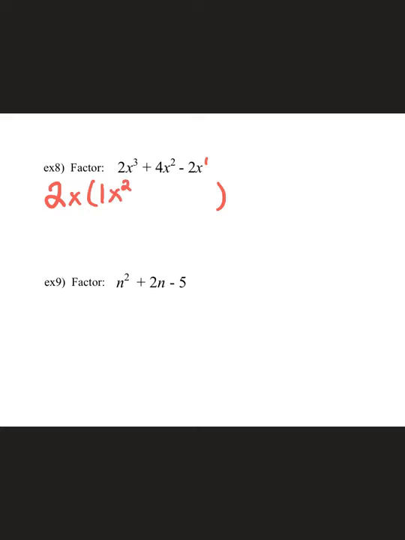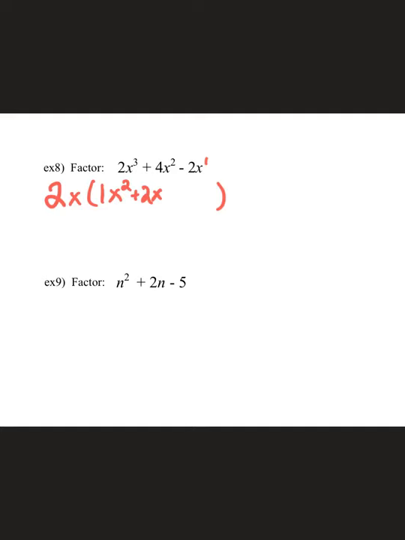Then in the middle, I had 4x squared and I pulled out the 2x. So 4 divided by 2 is 2. I had 2 x's and I took 1 away. That leaves me with just 1x there. So 1x squared plus 2x. And my last term, 2x to the first, I factored that entire thing out. That doesn't mean I leave this blank here.